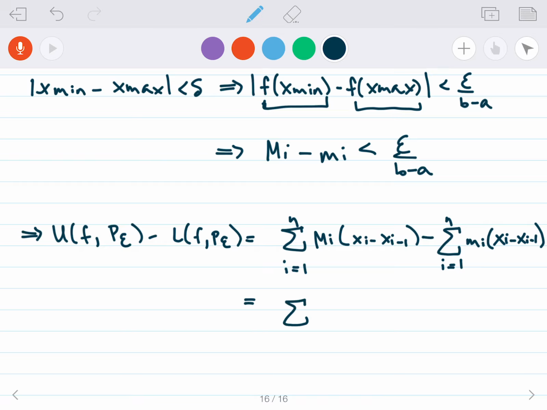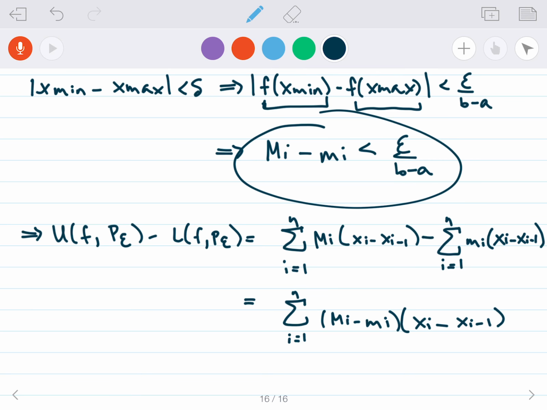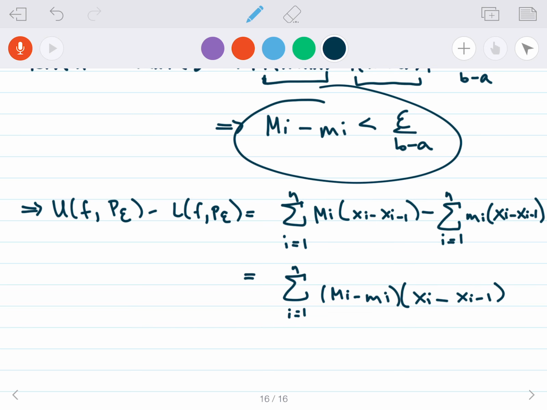So this is going to become the sum from i equals 1 to n of (capital M_i minus little m_i) times (x_i minus x_{i-1}). Okay, well, we just said that M_i minus m_i was less than epsilon over b minus a. So that is going to imply that this whole thing, if I just replace it, is less than the sum from i equals 1 to n of epsilon over b minus a times (x_i minus x_{i-1}).